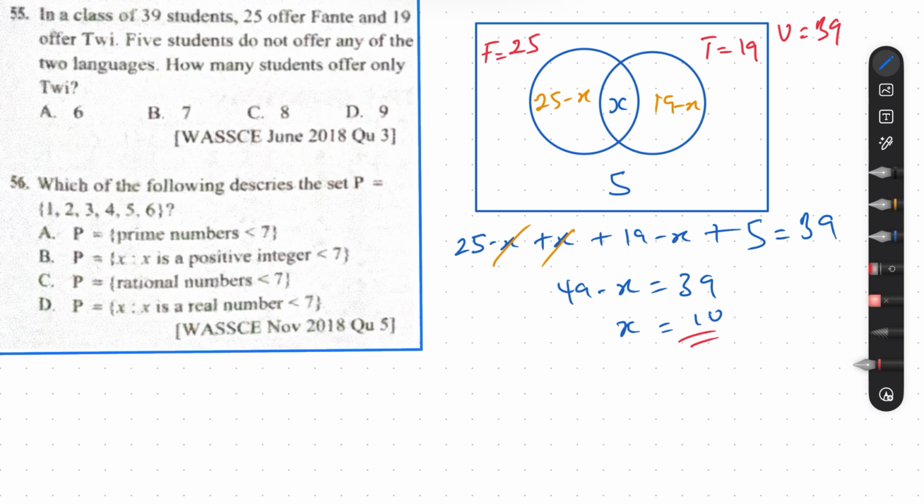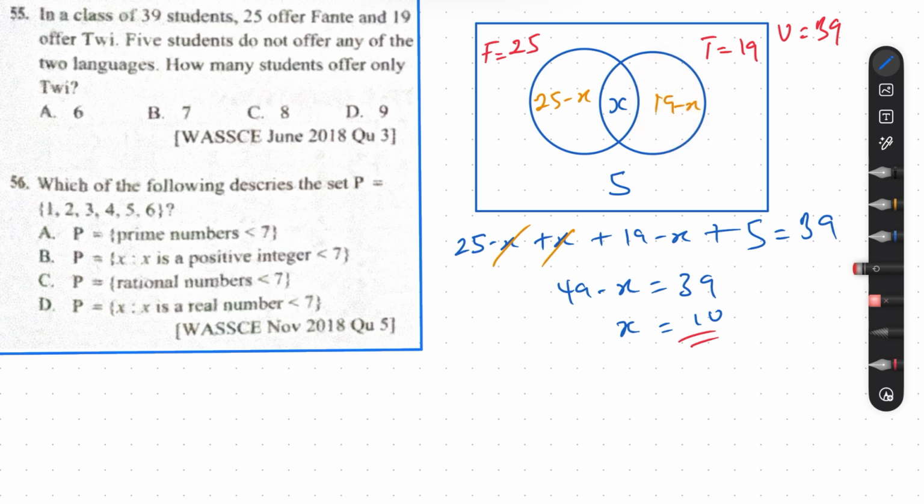Cool. Now we know the value of this x right here, so we can easily find this section. But the question says how many students offer only Chi. So what we are concerned with is only Chi, which is this side, which is 19 minus x.